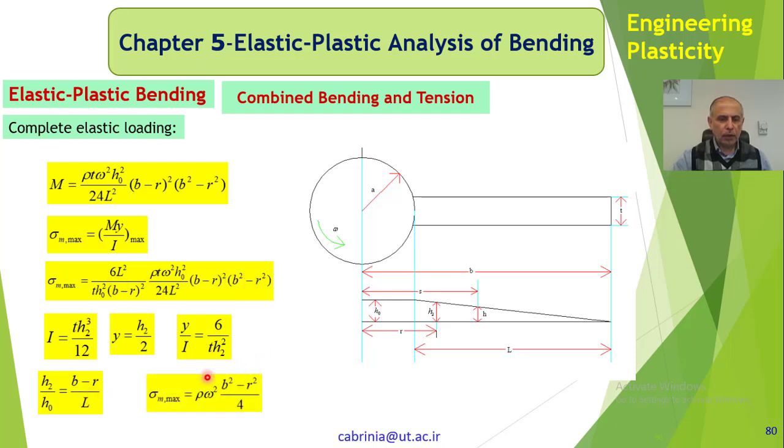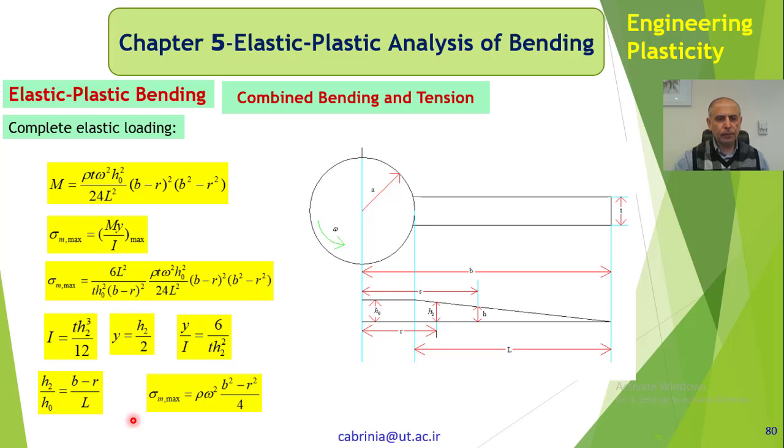We get sigma m max equal to rho omega squared b squared minus r squared over 4. Okay, this is simplified to this if we use this relationship.